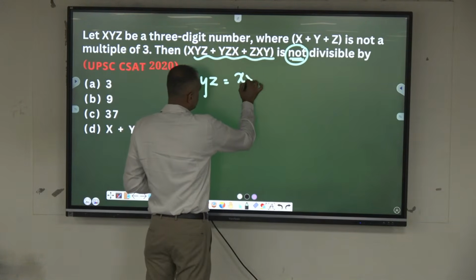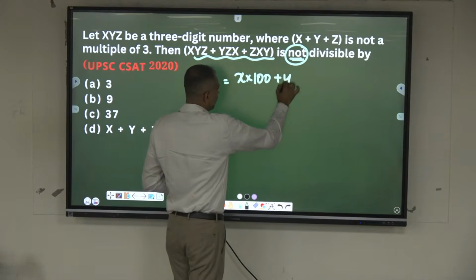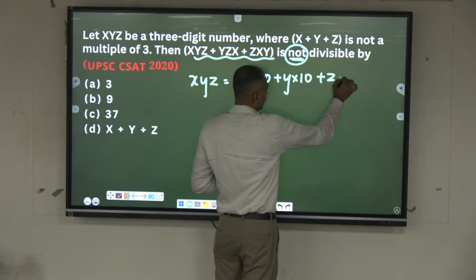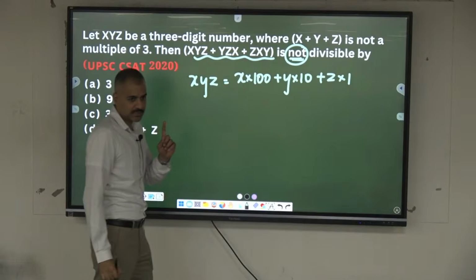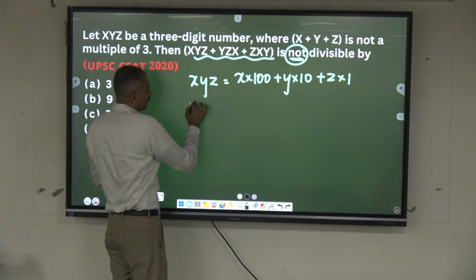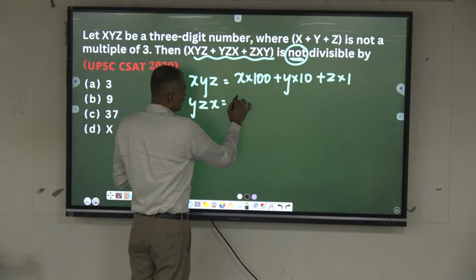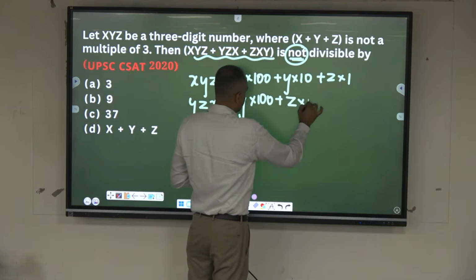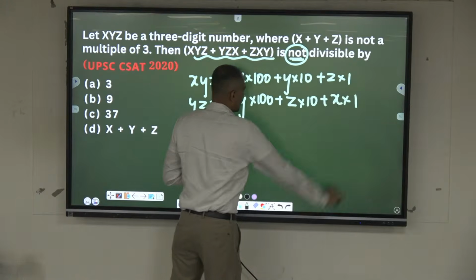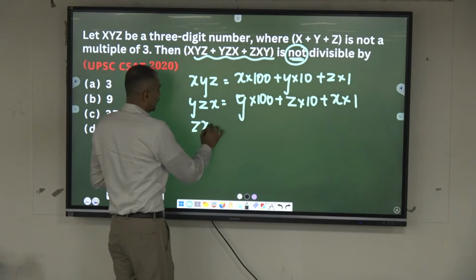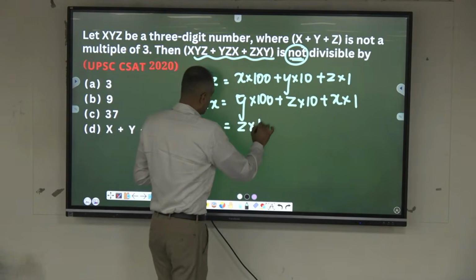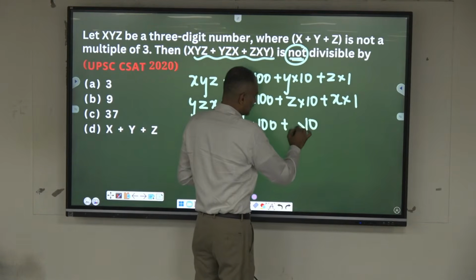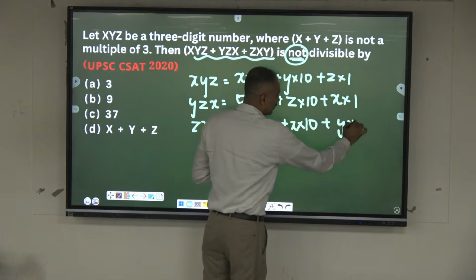xyz is x into 100 plus y into 10 plus z into 1. This is one number, xyz. Another number written in this form, yzx, is y into 100 plus z into 10 plus x into 1. Similarly, zxy is 100z, 10x and y.